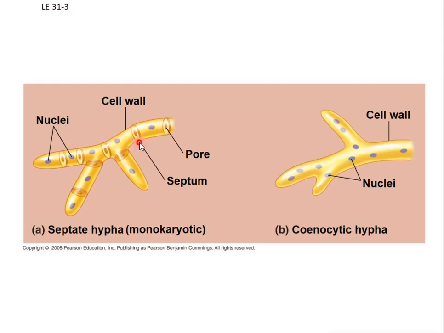This is monokaryotic, because each of these cells only contains one nucleus. And this is multinucleated coenocytic hyphae. Why? There are no septa here, and these are all multinucleate, so we call it multinucleated coenocytic hyphae.